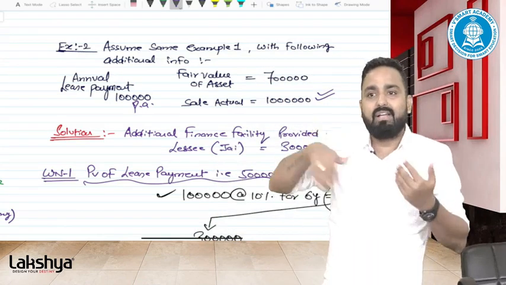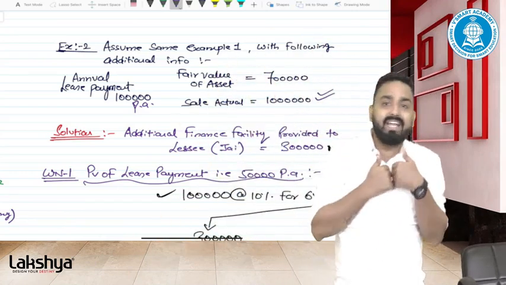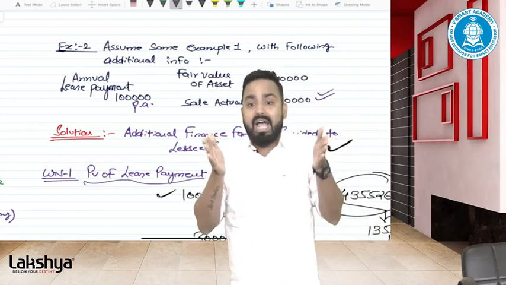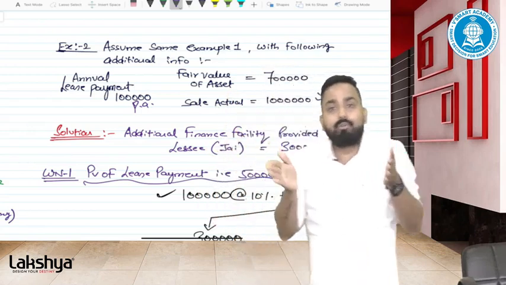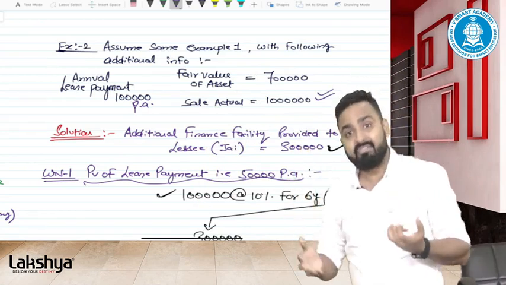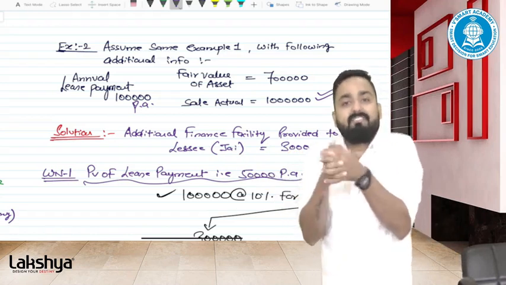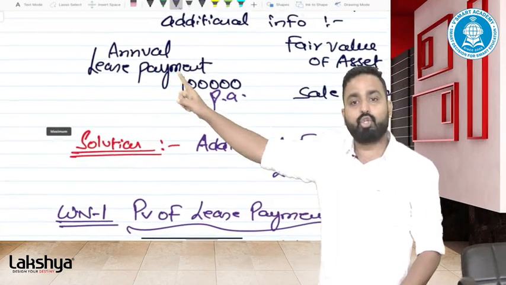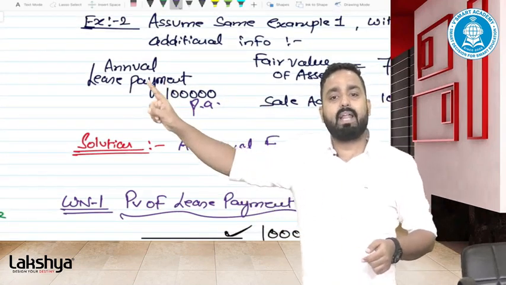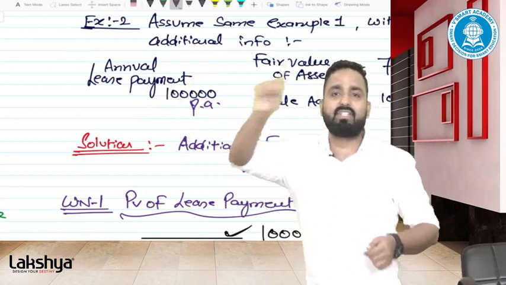So I will pay the lease rent towards the 7 lakh asset and the additional 3 lakh finance, and I have to repay that finance also. So I have to make two payments: one as lease rent of the asset, and one the repayment of additional finance. These two payments, if we combine them, become the total payment of 1 lakh per annum. So technically we can say that this 1 lakh per annum of lease payment includes the repayment of additional finance.